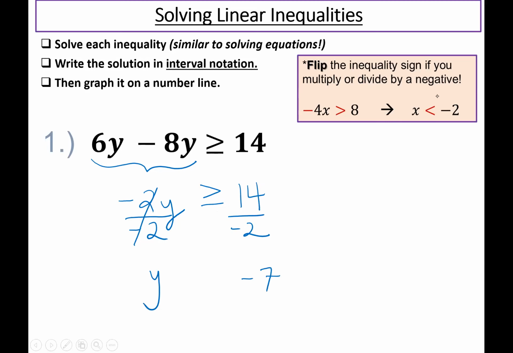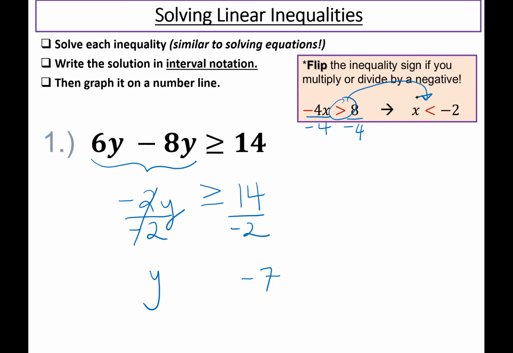So a little side note, let's just take a look over here. So here's a quick example. Negative 4x is greater than 8. If we divide both sides by negative 4, what we get is instead of x being greater than our answer, now our greater than symbol actually flips.